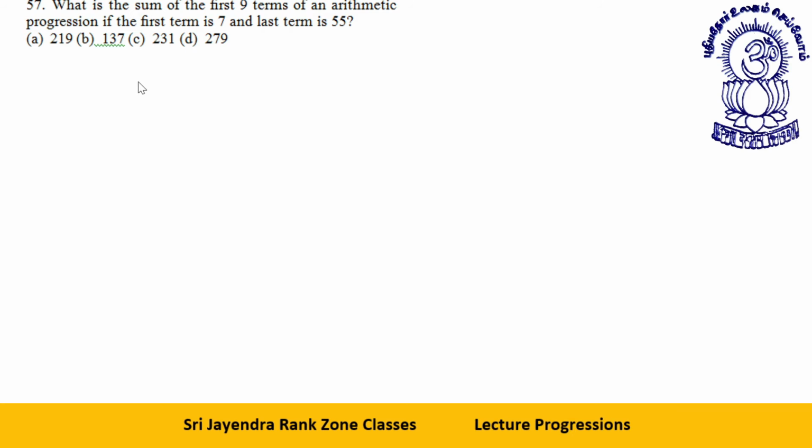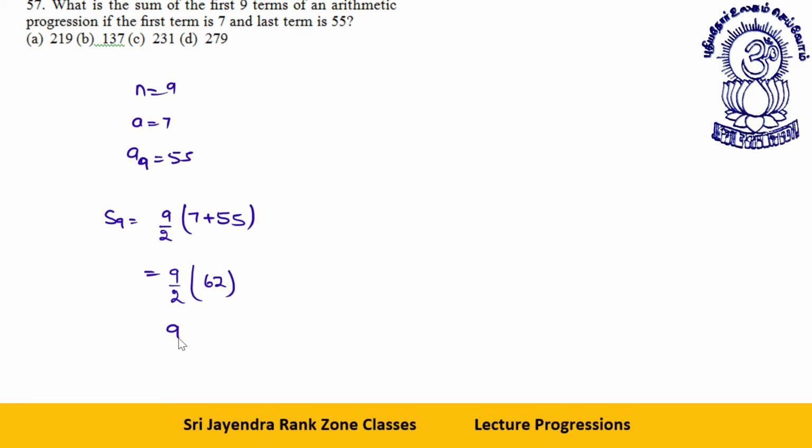What is the sum of the first 9 terms of an arithmetic progression if the first term is equal to 7, the last term or ninth term is equal to 55, and n is equal to 9? What will be S9? S9 will be 9 by 2 into 7 plus 55. That is 9 by 2 into 62.